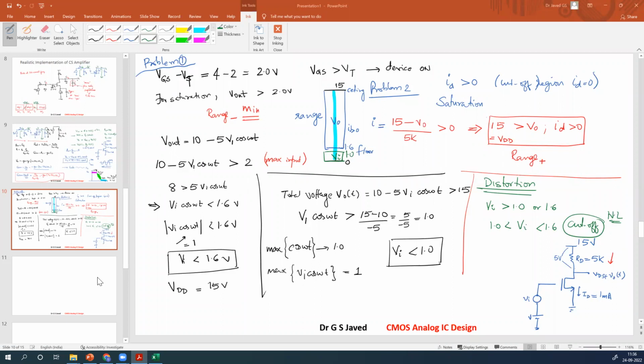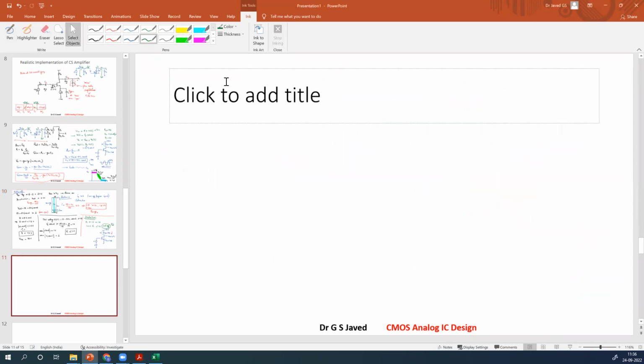So how do we now define the ranges? Now we have ranges, right? We have Vi less than 1.0, Vi between 1 and 1.6, and Vi greater than 1.6. Now let us see how the waveform looks in that range. Let us use our famed gray box.